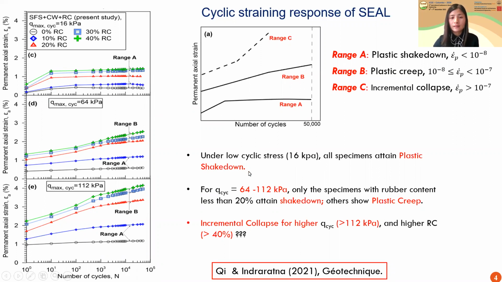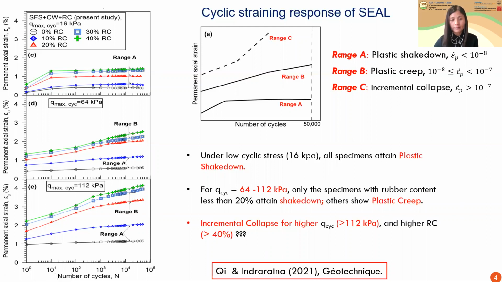When the deviator cyclic stress increased to 64 to 112 kilopascal, only the specimens with 0 and 10% rubber can attain plastic shakedown, while the others attain plastic creep. Because of the limited rubber content and limited vertical stress, we didn't find any incremental collapse for the mixtures.